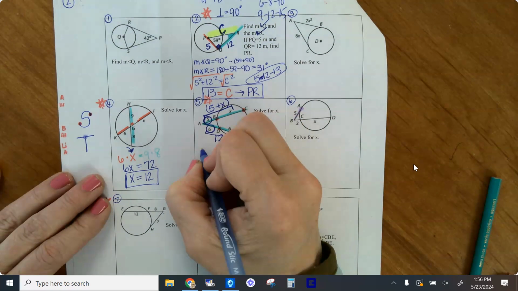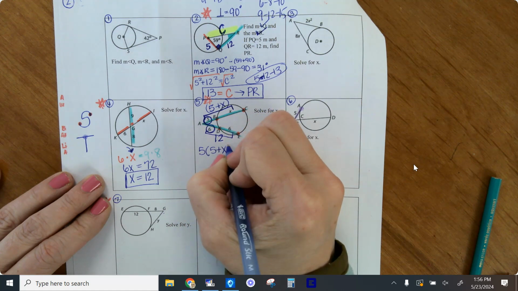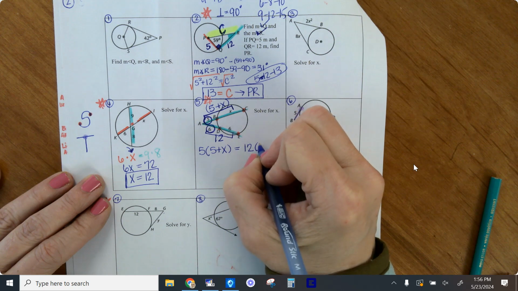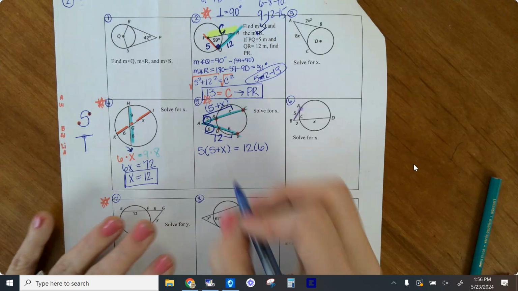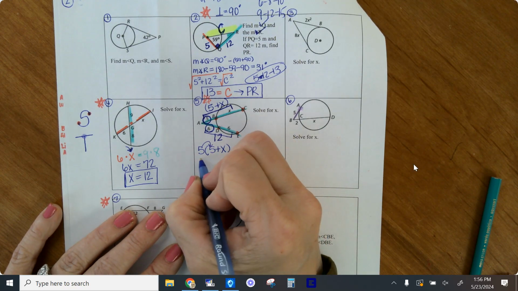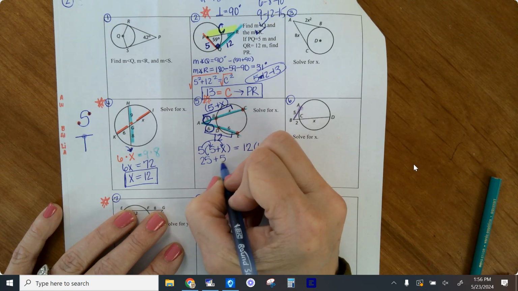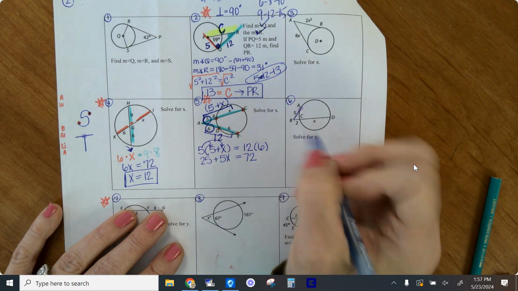Okay. So, 5 times the 5 plus x equals 12 times 6. Now we're to the distributive property. 5 times 5 is 25. 5 times x is 5x. And 12 times 6 is 72.